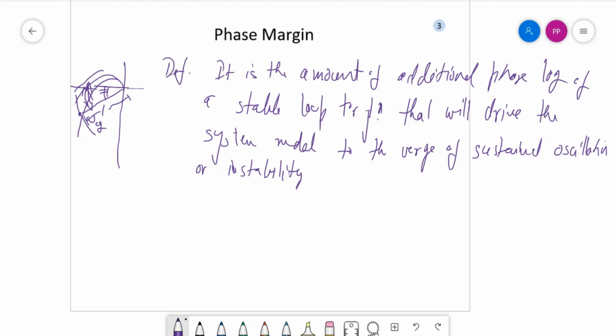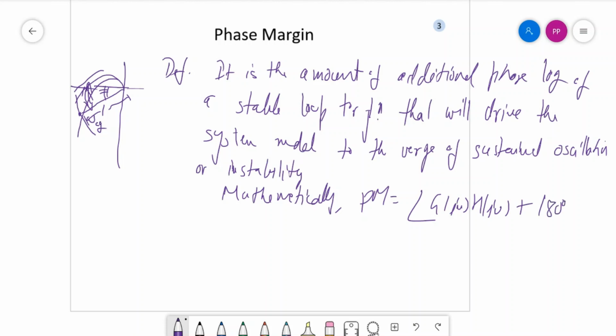So mathematically we can define phase margin as angle of G at j omega, H at j omega plus 180 degrees. What is this? Means if you are taking the angle of this plot in the negative direction, at the gain crossover frequency this angle is a negative value but less than 180 degrees.